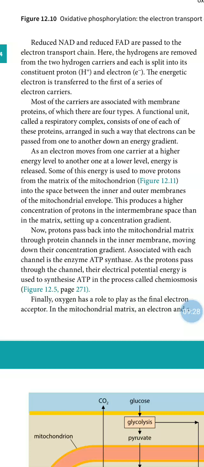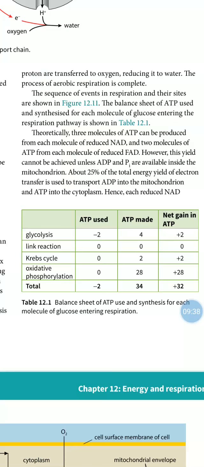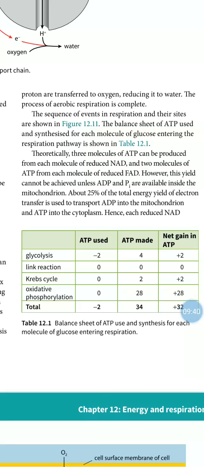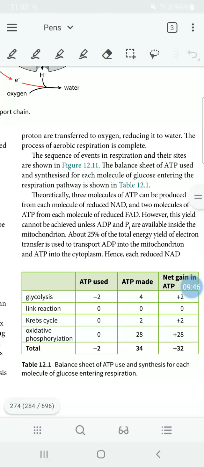Then oxygen comes in as the final electron acceptor. In the mitochondrial matrix, an electron and a proton are transferred to oxygen, right? As you can see in this part, that is exactly what happens.